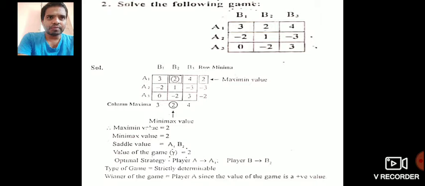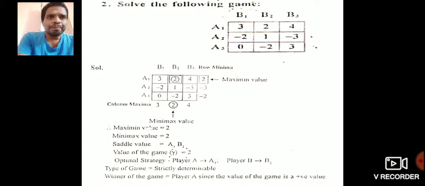Maximin value: from the A1 row the minimum element is 2, the A2 row it is -3, and the A3 row -2. Among these minimum values, which one is the maximum? 2. That we call the maximin value. When it comes to column-wise, choose the maximum value. B1 it is 3, B2 2, and B3 is 4. Among these maximum values, choose the minimum value, that is 2.